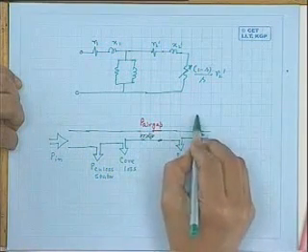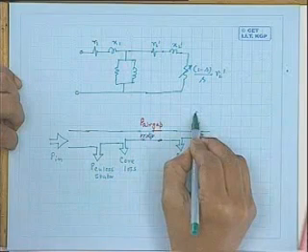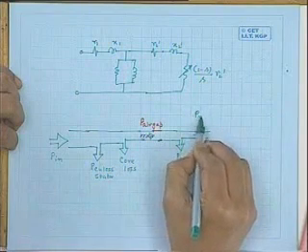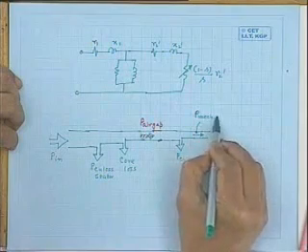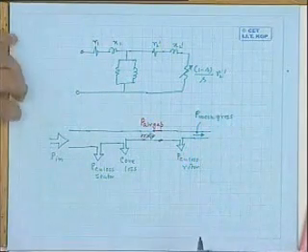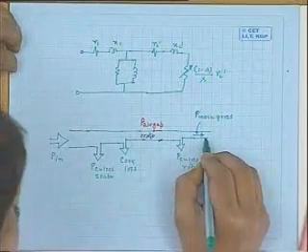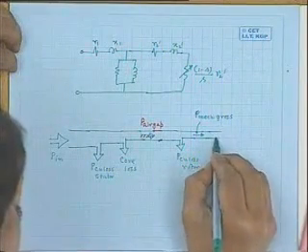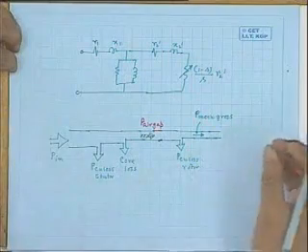And then you get here, this power should be called gross mechanical power, P mechanical gross. Total mechanical power developed.